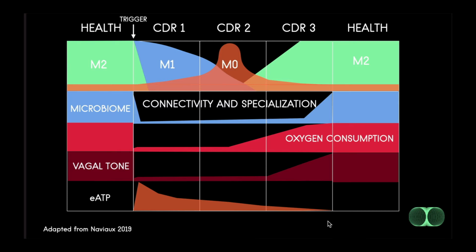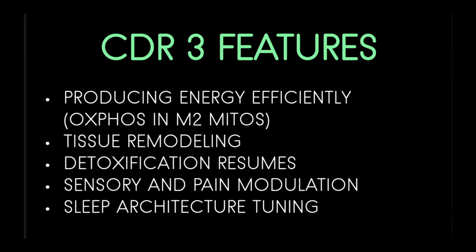So in order for us to shift out of CDR3 and into the health cycle, the extracellular ATP has to go down to zero-ish. So features of cell danger response 3 is that now the mitochondria are producing energy more efficiently with oxygen.